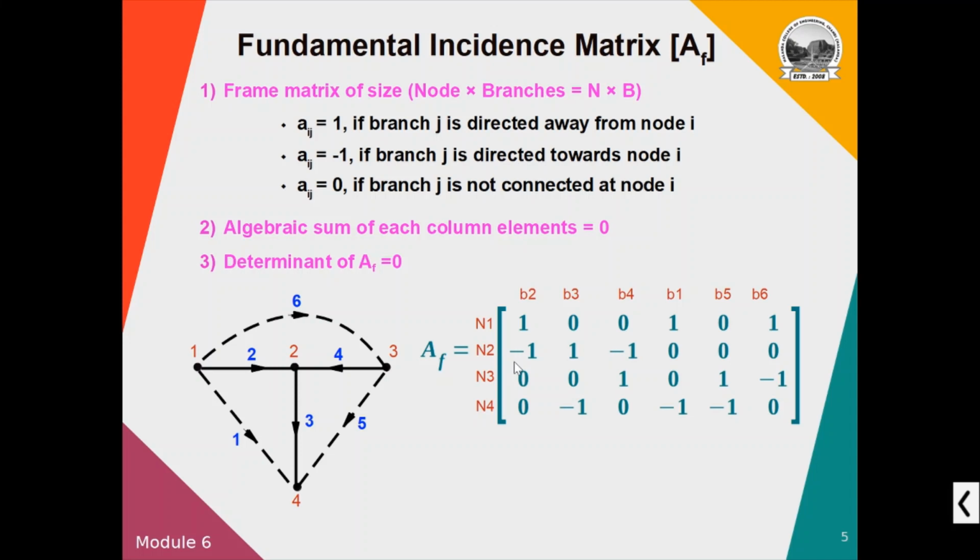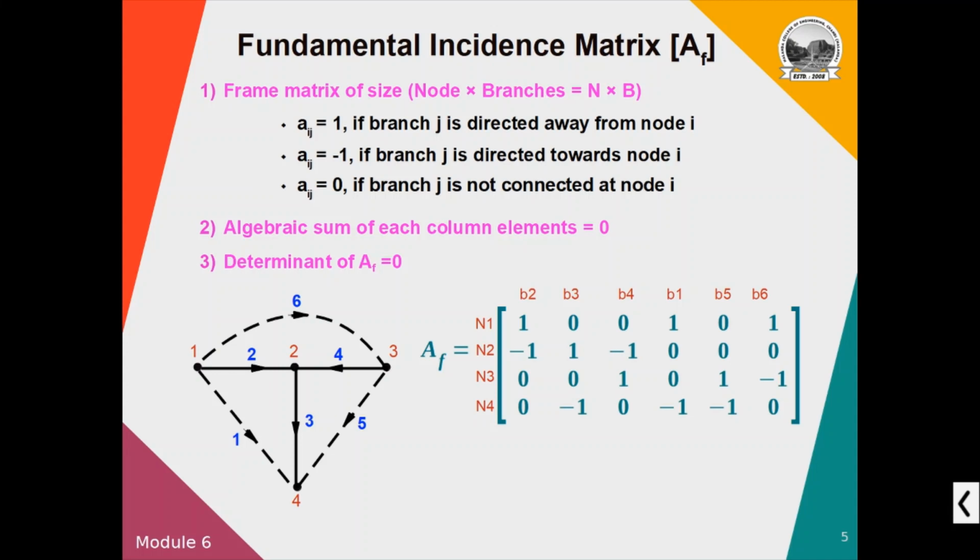Okay, in order to avoid this singularity, what we are doing is we are removing one of the nodes. Instead of 4 nodes, we will be considering only 3 nodes. The same thing we have seen in the nodal analysis also, right?